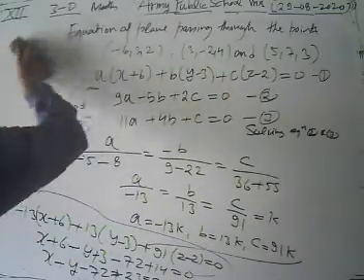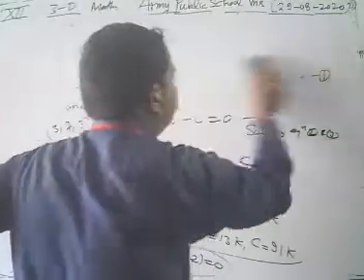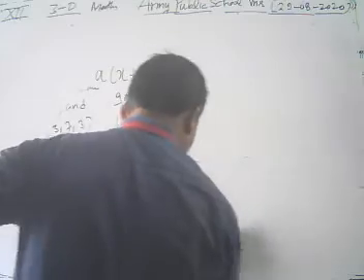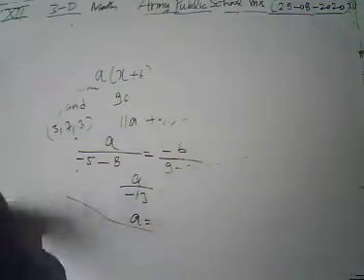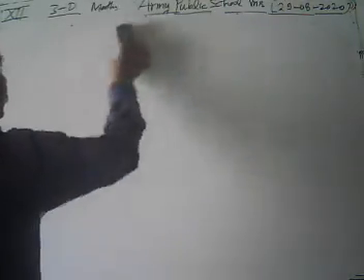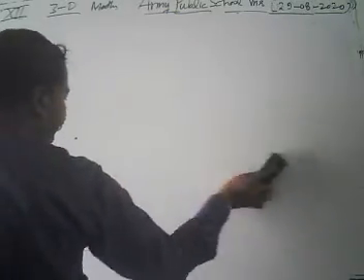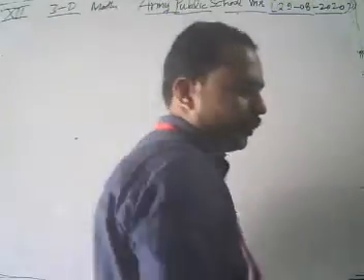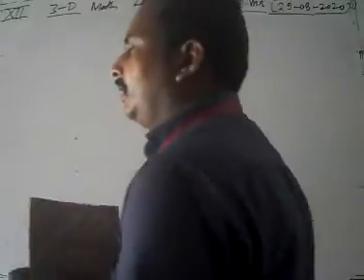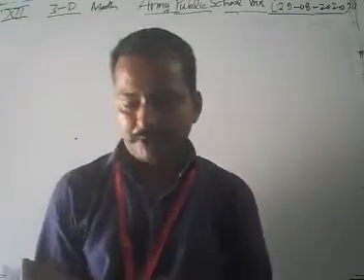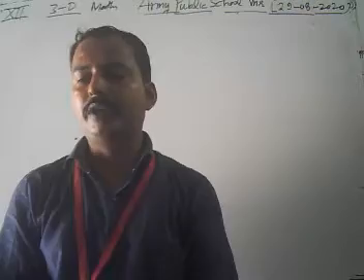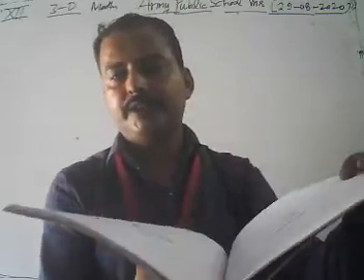Now look, the plane when it is passing through the intersection of two given planes. Again, we are going to discuss one of the important topics. Suppose we have one copy.